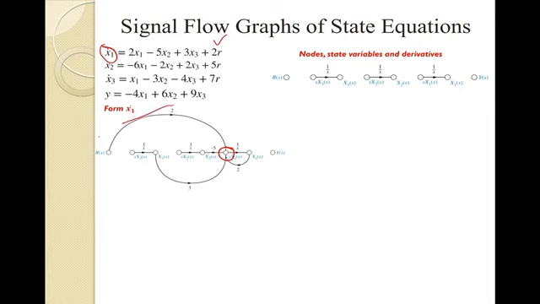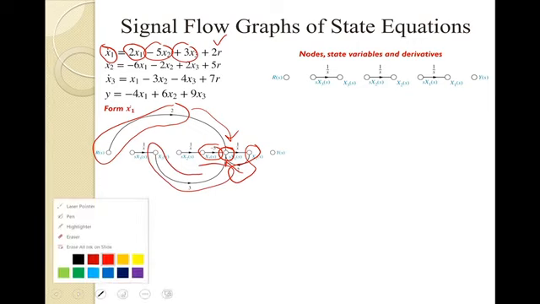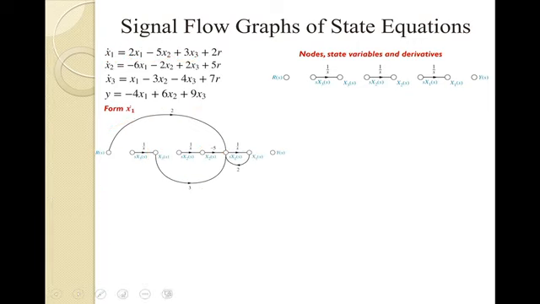So here is my 2r, summing in right there to my x1 dot. It's also a function of 2x1, so here's my x1 and my 2x1 summing back. And then I have a minus 5x2, here's my minus 5x2. And then I have a plus 3x3, which is shown right there. So that's my formulation of x1 dot.